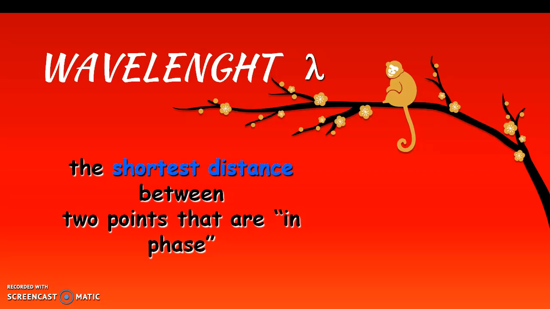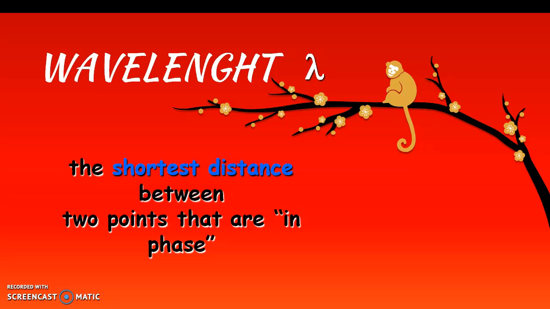I'm talking about the distance made by this wave when it covers a cycle. A wave will make a cycle when it repeats itself again, when its former position is repeated.